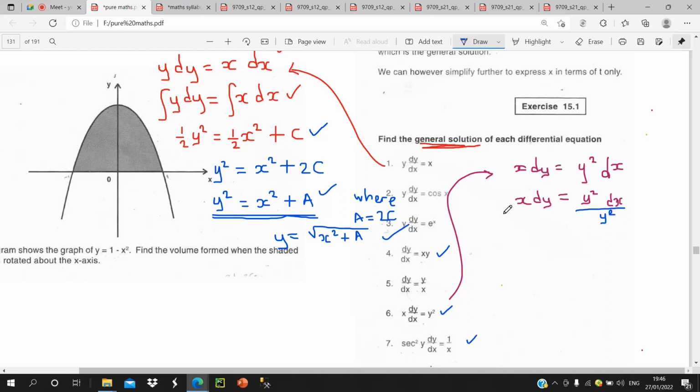And also the same thing here, we divide by y squared.